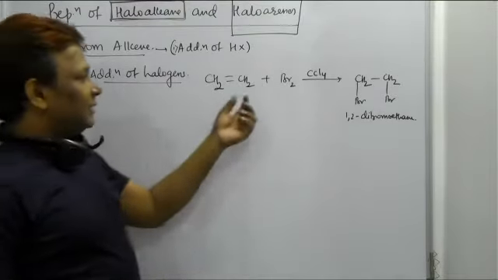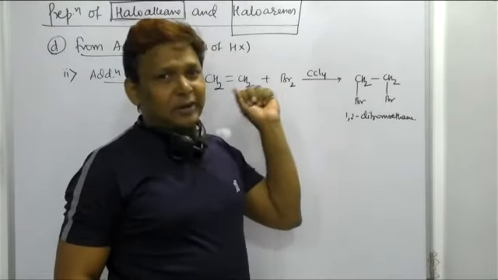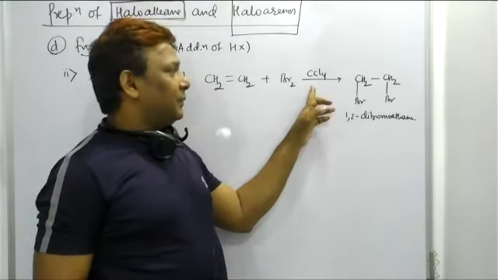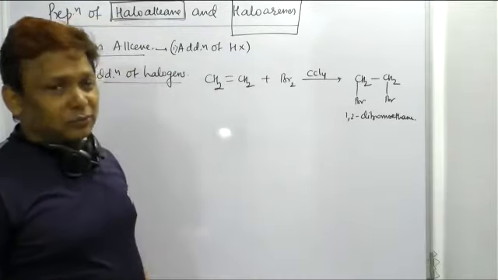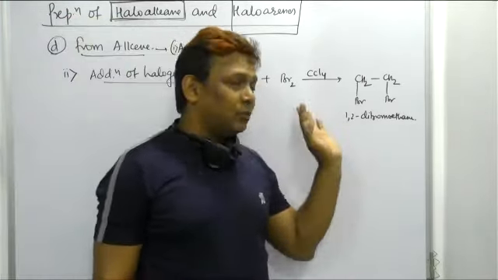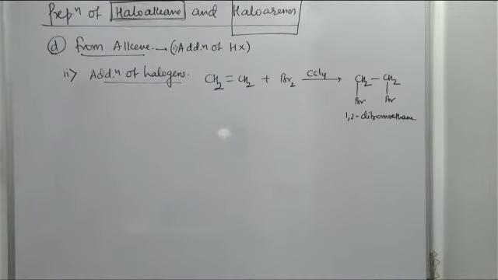Addition of halogen to the alkene in presence of carbon tetrachloride, a non-polar solvent, gives addition of halogen on both sides, called 1,2-dibromoethane. Please note this down.